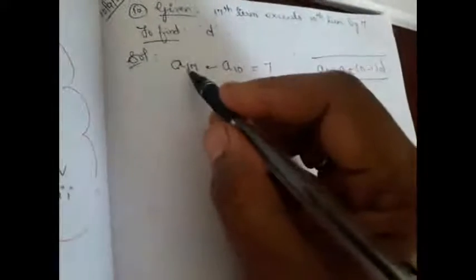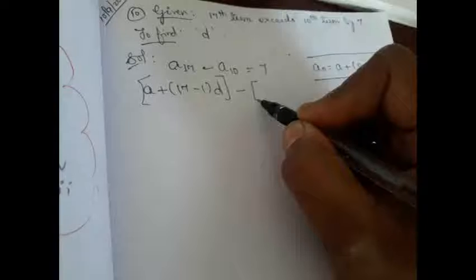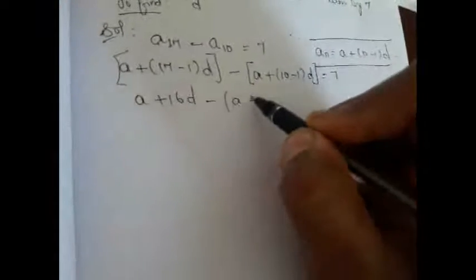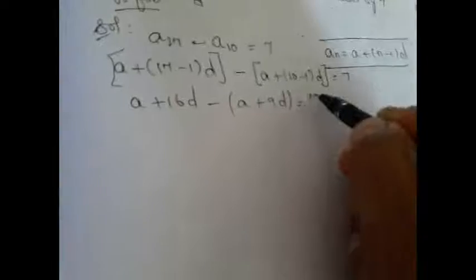Now apply the formula. You know an is a plus n minus 1 times d, right? In the place of n we have 17. So a plus 17 minus 1 times d minus, whenever you have minus, put brackets, a plus 10 minus 1 times d equals 7. Which is a plus 16d minus a plus 9d equals 7.